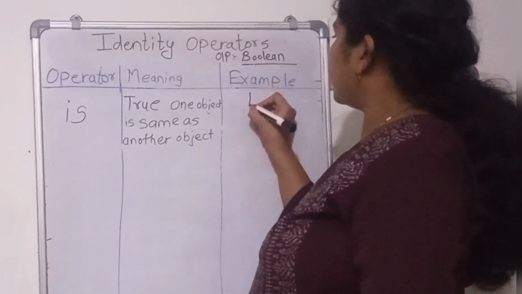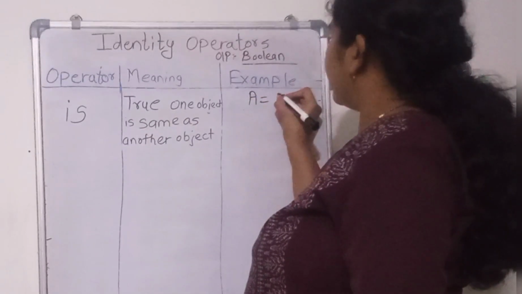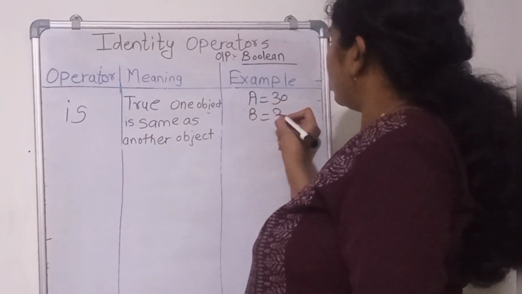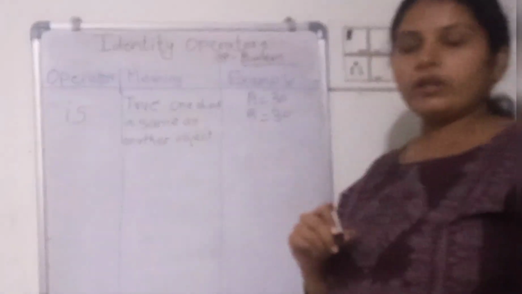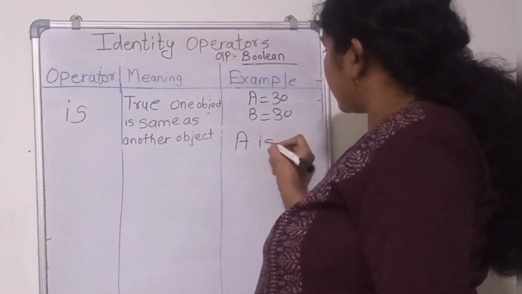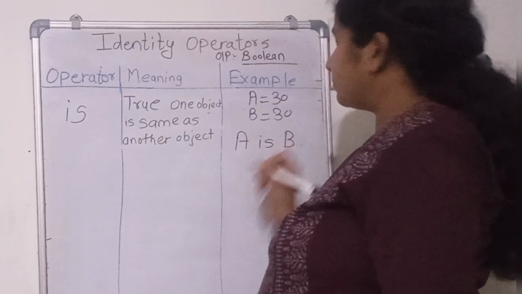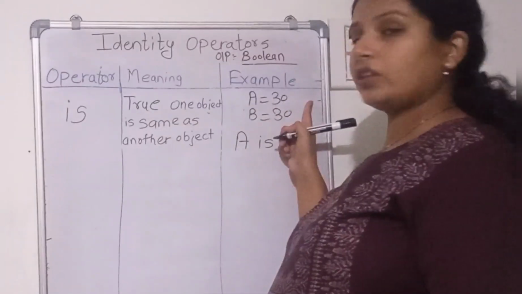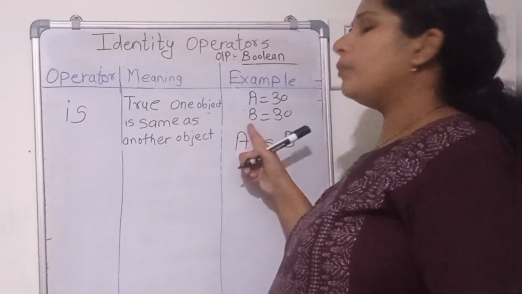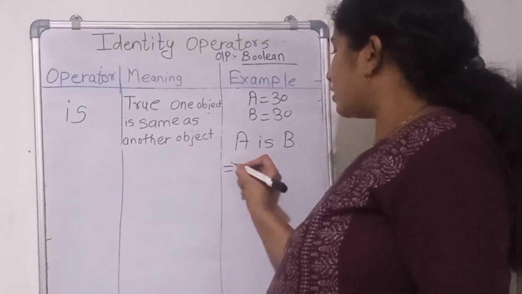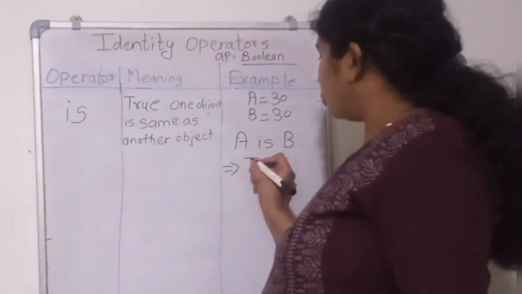Now here suppose A is 30, B is also 30, and we are checking A is B. Are those the same? Yes. A is equal to 30, B is also equal to 30, so both are the same and the result is true.